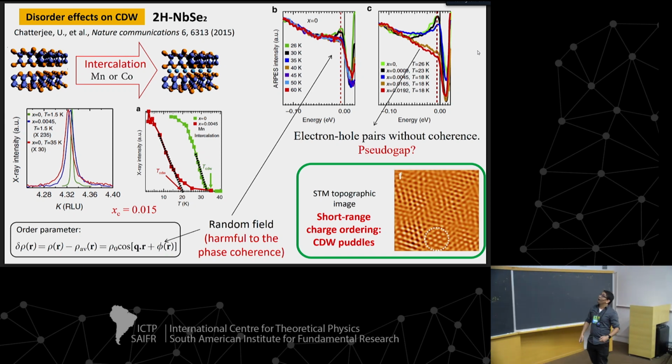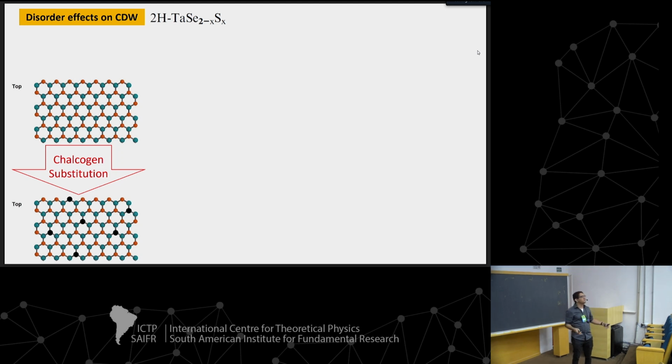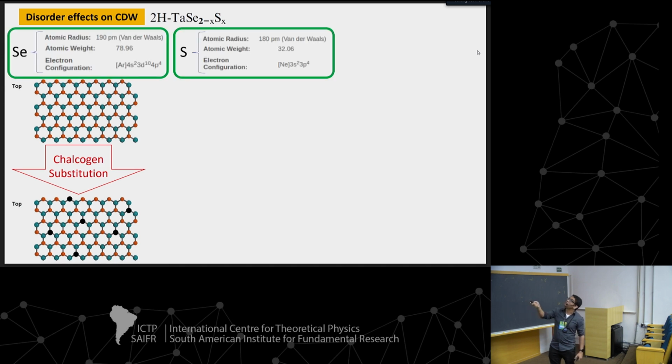On the other hand, you can introduce disorder by doing isoelectronic substitution, changing selenium to sulfur. If you look at the properties of selenium and sulfur, you see that they are very similar, but change a little bit with respect to the atomic mass.